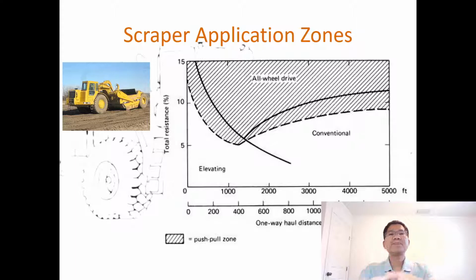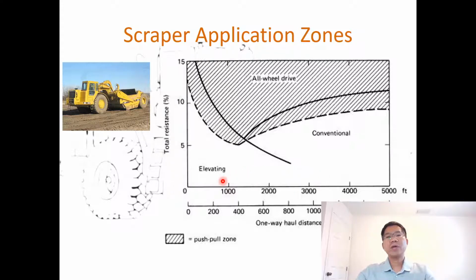The percent means the effective grade, 10%, etc. If the total resistance or effective grade is higher, then the total slope will be more, so we need more rim pull, more horsepower for the scrapers.